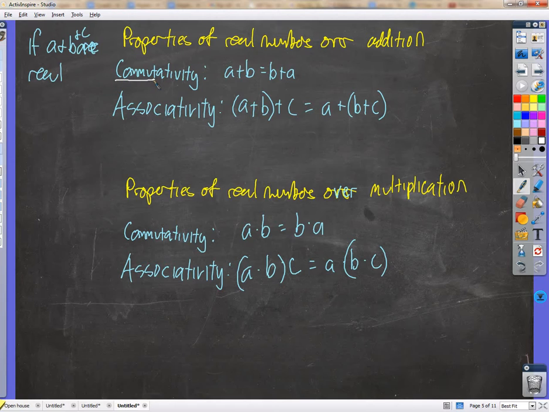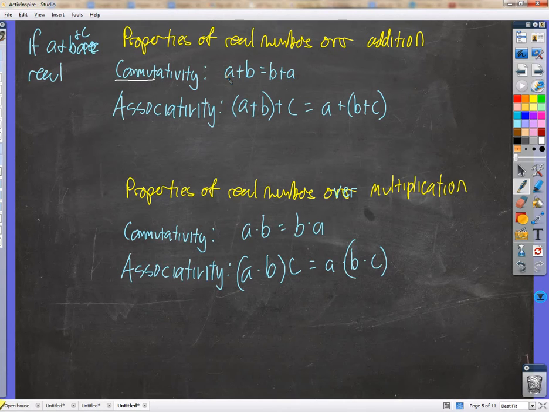So why might that be an appropriate word for this property? What are the numbers doing? They're moving. They're physically changing where they are in the problem. A is not first anymore, it is coming after B. So they can move and change positions, they can commute.